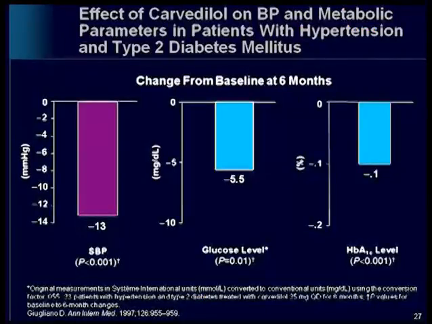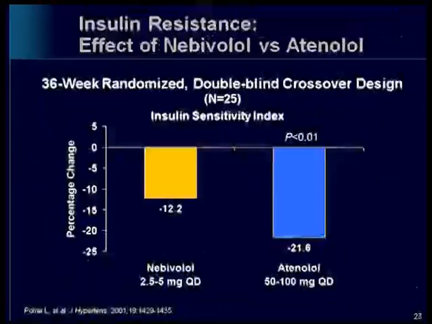Two beta blockers which appear to have good effects on insulin sensitivity are so-called vasodilating beta blockers. One example would be carvedilol, which is not very popular for hypertension in India. But you will notice when carvedilol was used, not only the blood pressure came down, but there was an improvement in glycated hemoglobin and glucose.